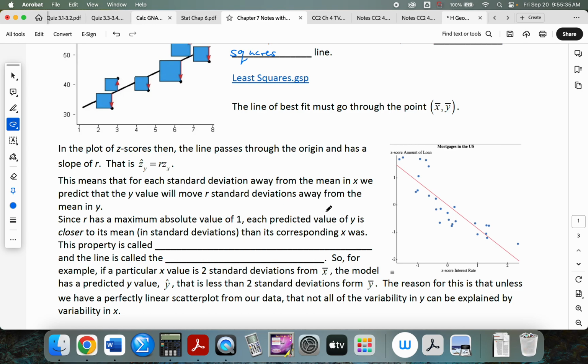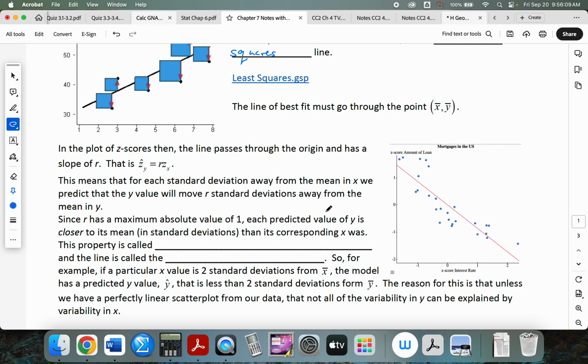Now, since r is always less than 1 and greater than -1, that means it's going to be fewer standard deviations away from the mean. So if x is 2.3 standard deviations away from the mean in x, then we're going to predict that y is going to be less than 2.3 standard deviations away from the mean in y.